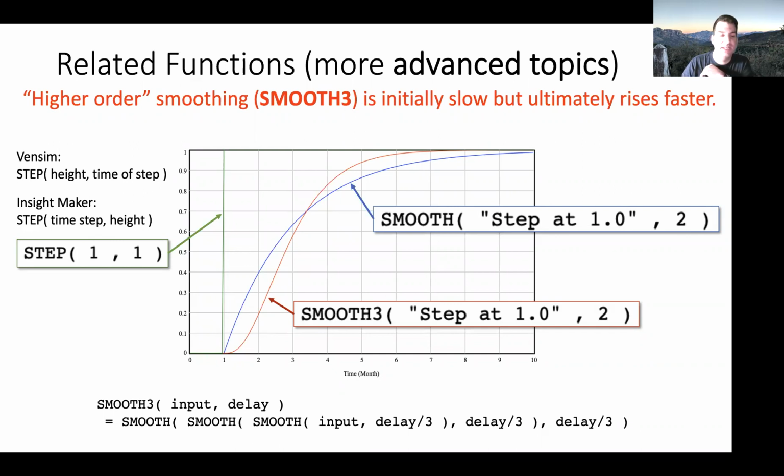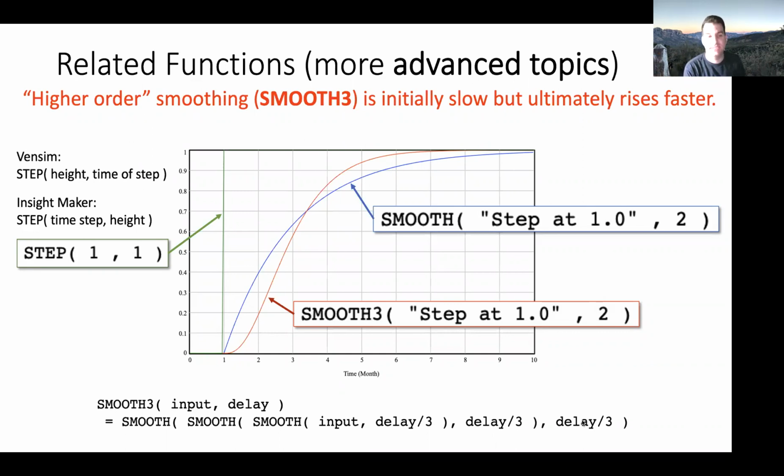There's something similar to this with smooth and then smooth 3. I'll start with that. This is a so-called third order smoothing delay, which is basically smooth 3, which has the same syntax as smooth, is like putting 3 smooths together, where each delay of the smooth is a third of the total delay. So all the delays add up.